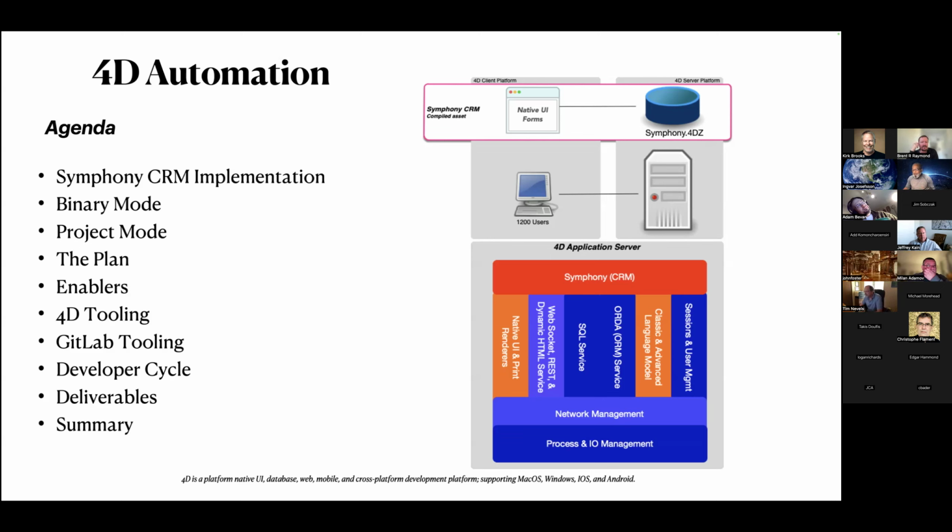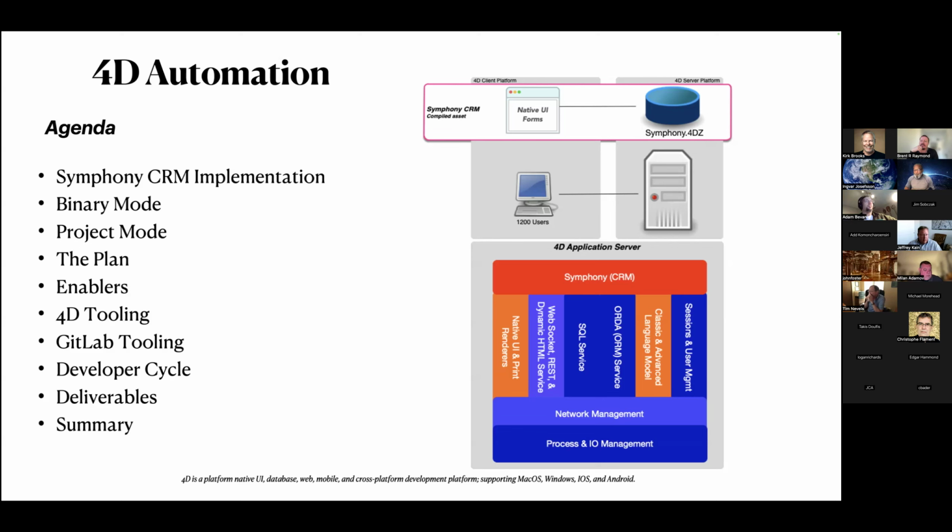And what makes 4D unique is it is a full-blown mini computer or application server. And it includes as this platform a server module and a client module. And all those two components need is this 4DZ on top. And one of the other unique things is it delivers to the desktop native UI forms.